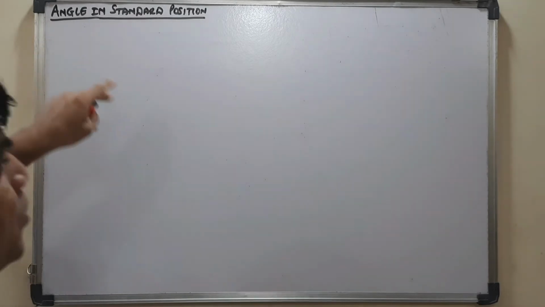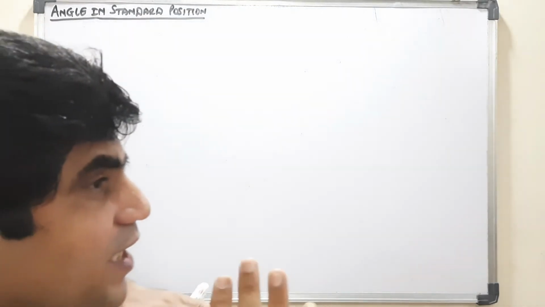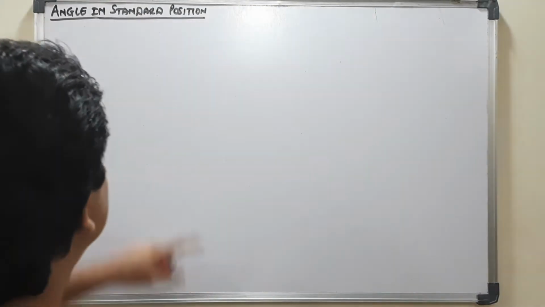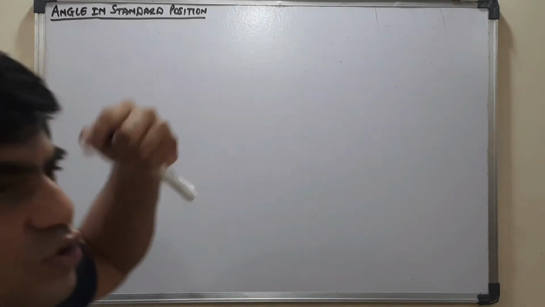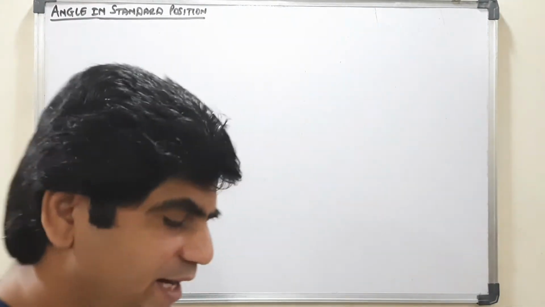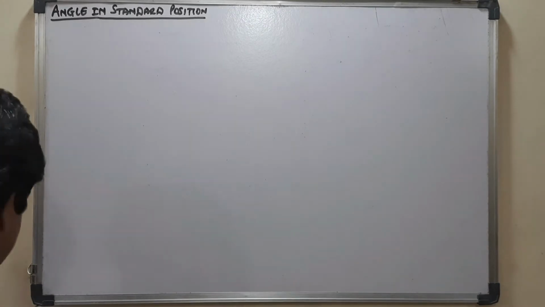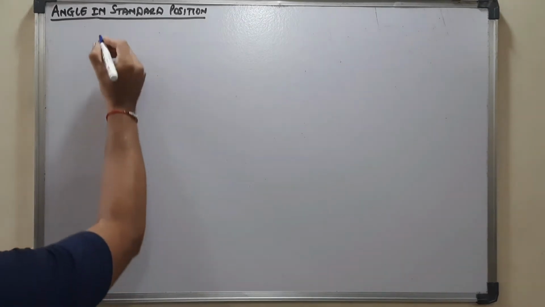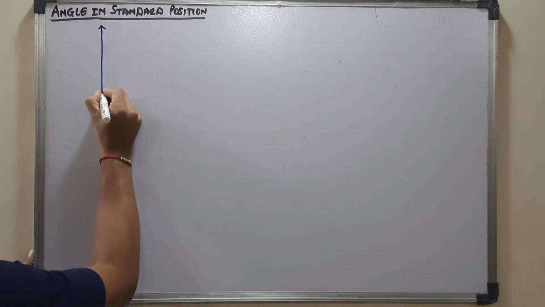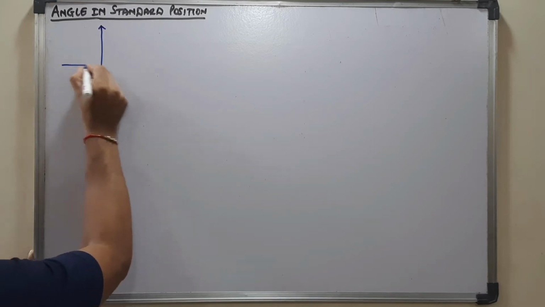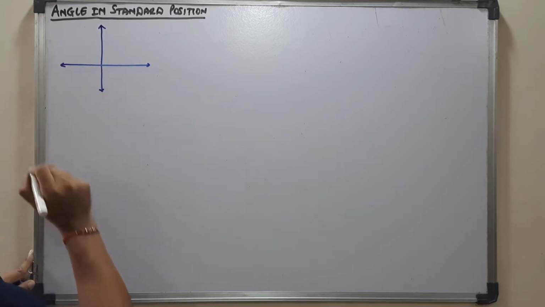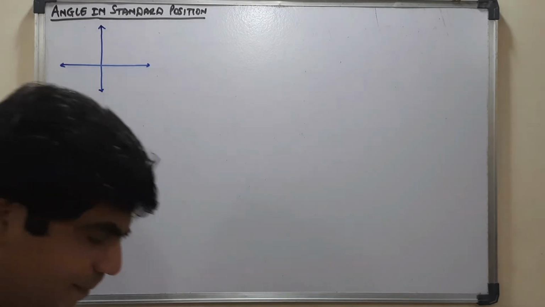Now let us come to the technical terms that will be required. Angle in standard position, or so-called standard angle. What it is exactly: suppose you have your coordinate axes, x and y axes.